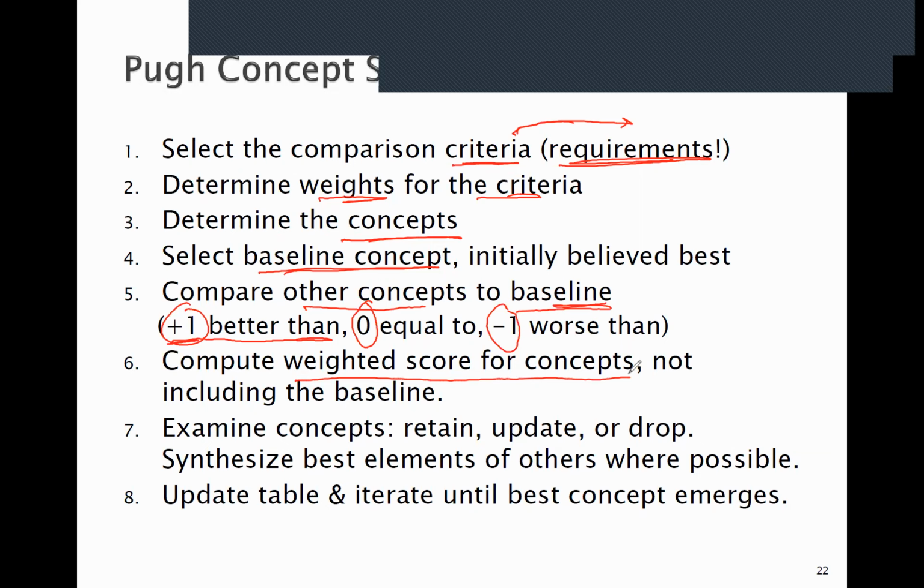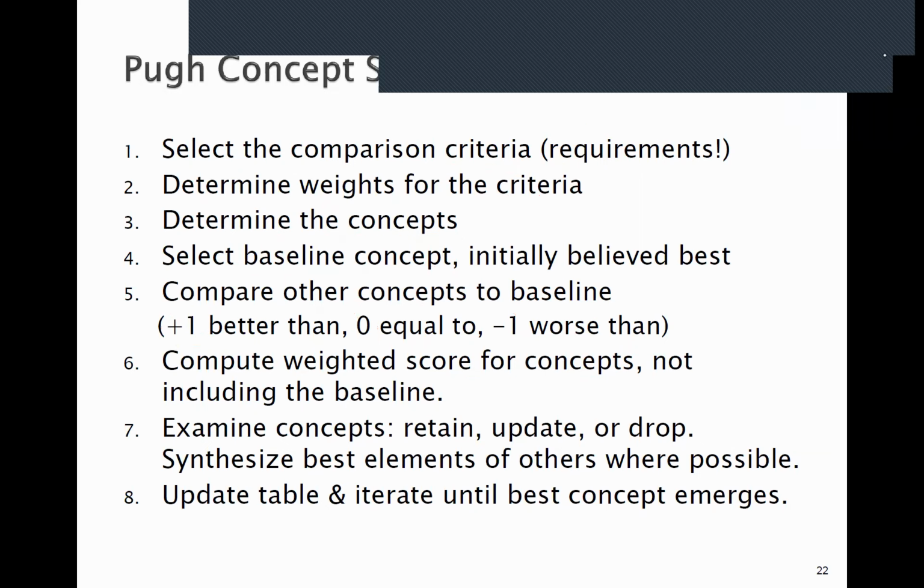We do not include the baseline concept, of course. We can retain, update, or drop some concepts and synthesize the best elements of others where possible. We can update the concept and iterate that until we reach the best concept.